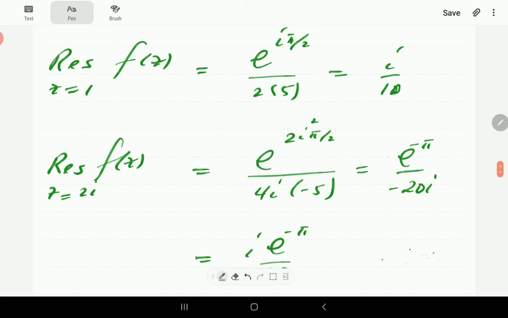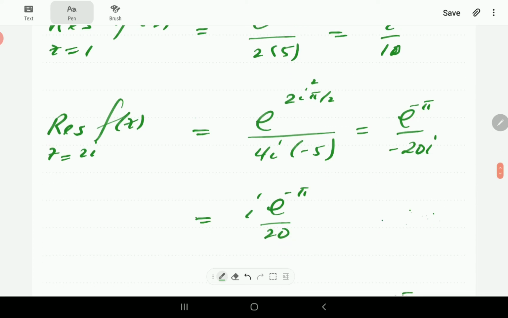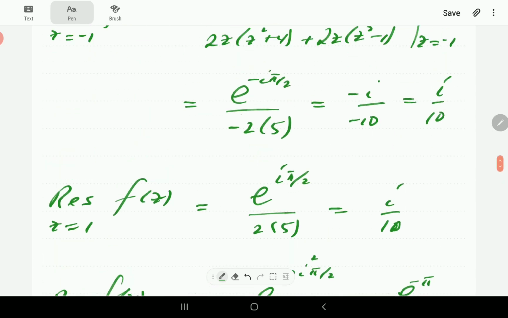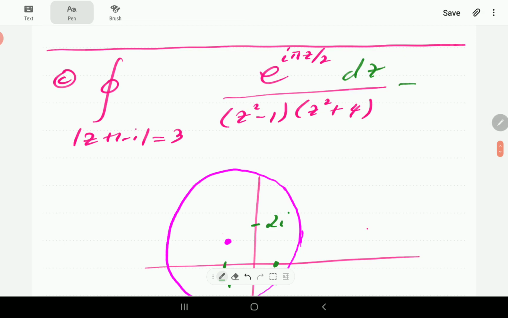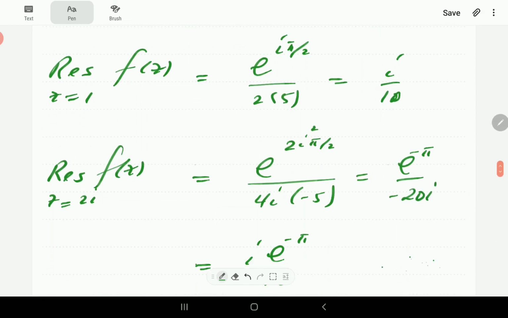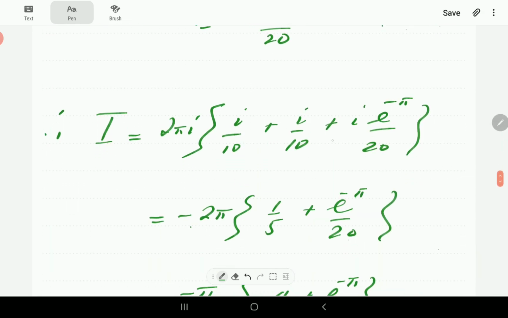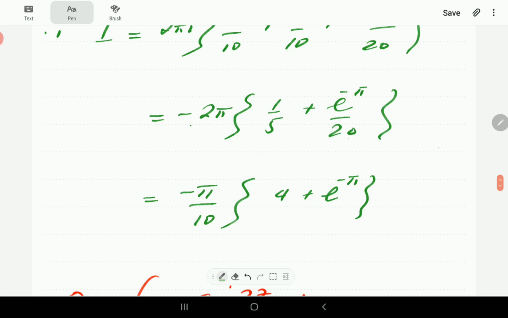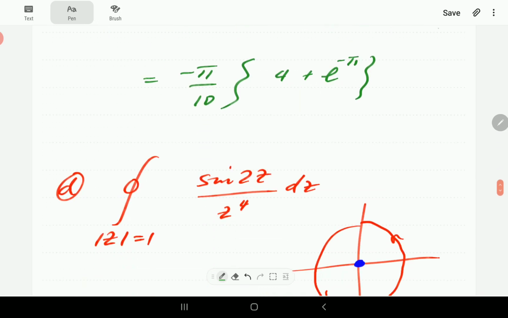And then the numerator is just going to be e to the minus π. So it's actually going to be a real quantity. If we take i up here, this just becomes i e to the minus π over 20. So the value of the integral, we'll call this I here, it's just going to be 2πi times the sum of all the residues. If we simplify here, we end up with this expression there.